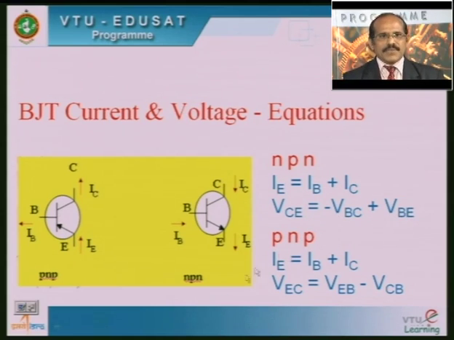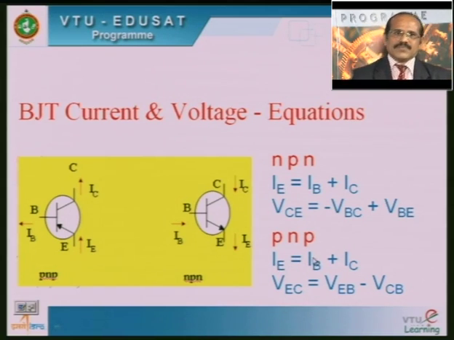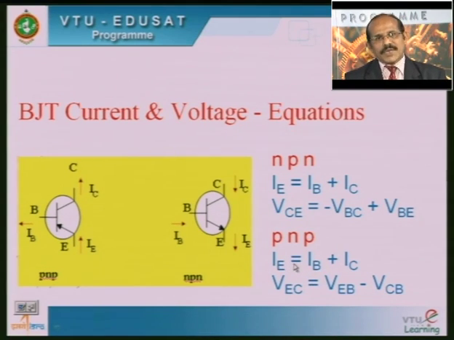Similarly, in case of PNP, that is what the symbol shows. If you apply KCL to this PNP transistor, the emitter current can be equated to IB plus IC. That is, the emitter current is the sum of the base current and the collector current. Similarly, if you apply KVL to this PNP transistor, VEC can be equated to VEB minus VCB.